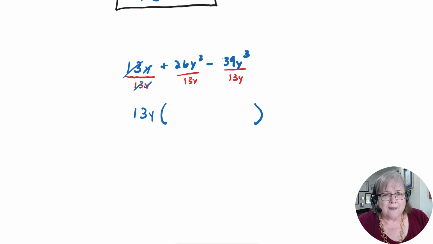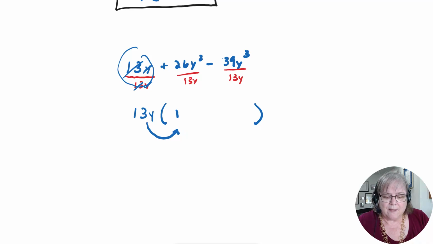Now, if you said that it all goes away, and you just left a blank here and skipped on down to this 26, there would be points coming off of your problem, because you have to have something right here to multiply this 13y back to in order to retrieve the original 13y, and anything over itself right here is 1.